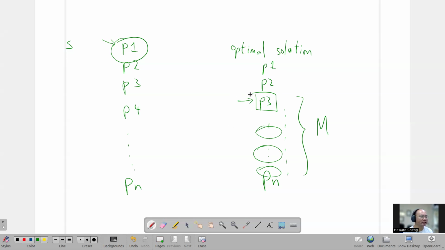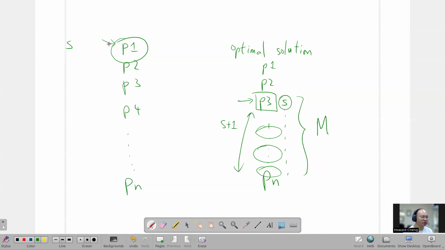Now, what does that mean? That means that if you skip the first 2, the skill level is still at S at this point. So P3 must be a problem that's doable by its current skill level S. And then from this point on, whatever you do, you start with skill level S plus 1 because you just did a problem.